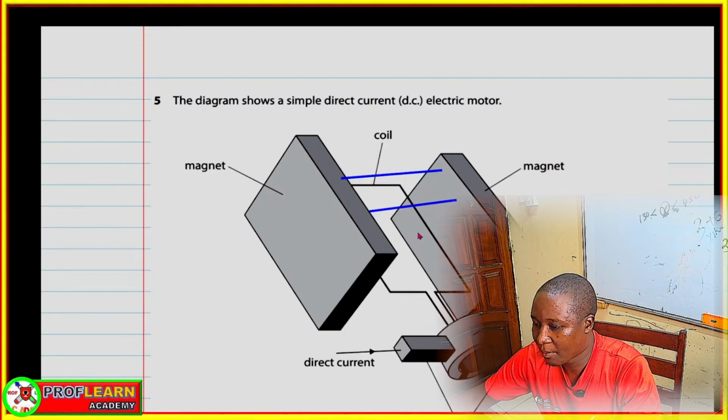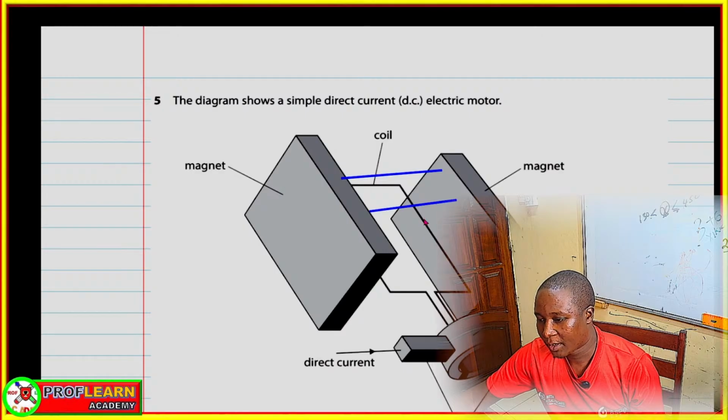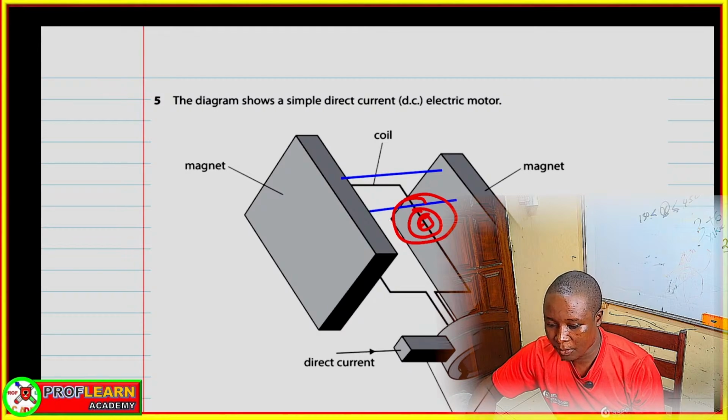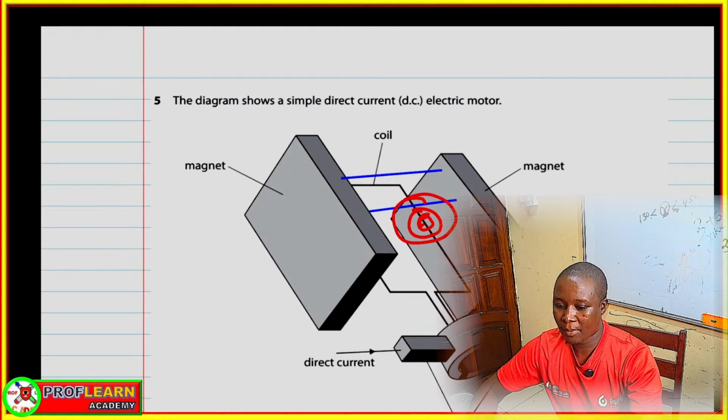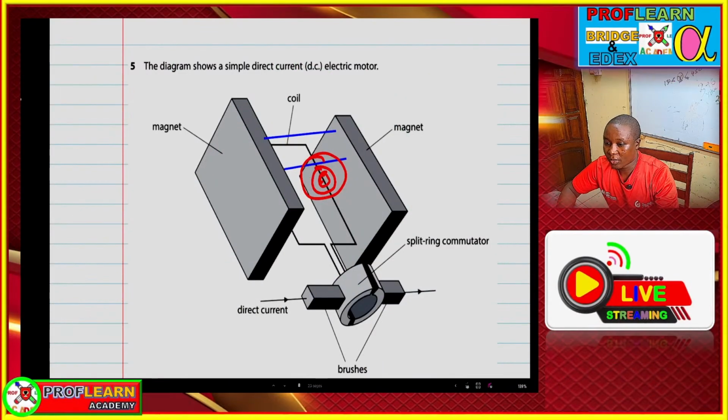But at the same time, when current is going to flow through the coil, it's going to create magnetic fields around the conductor. So since we are having two types of fields, of the permanent magnet, at the same time fields of the current that is flowing through the conductor, then it means there's now going to be an interaction between the two fields, and then in the process there is a force produced.